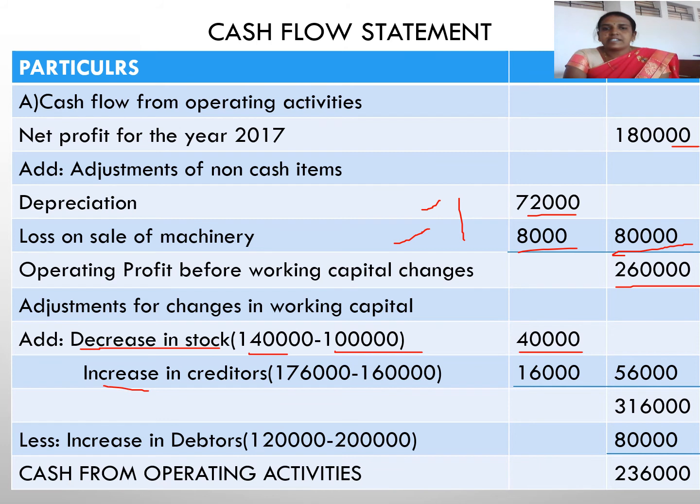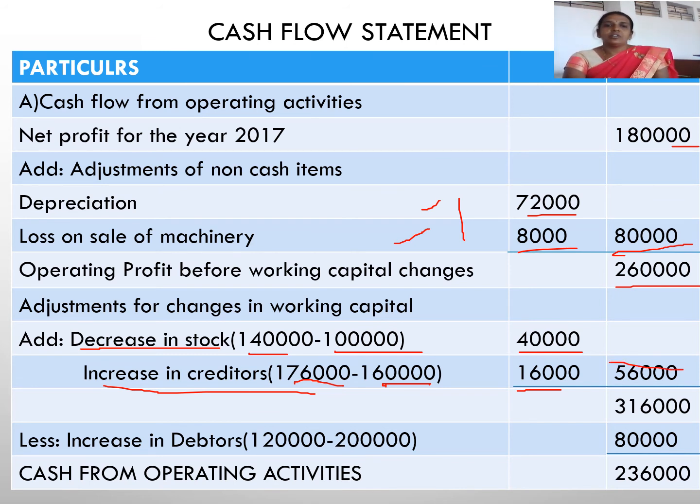The next one is the increase in creditors, 1,76,000 and 1,60,000. That is, 1,60,000 was there in 2016, and in the year 2017 it came to rupees 1,76,000. So there is an increase in creditors to the extent of rupees 16,000. So the total is 56,000.